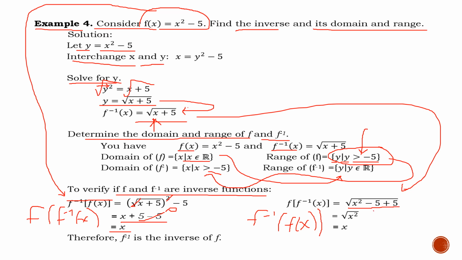So minus 5 plus 5 is equal to 0. Square root of x squared is equal to x. So this will be your inverse function of your function f of x. There's a typographical error here, so we need to check. After checking, right after applying the concept of your composite functions, we can conclude that f raised to negative 1 is the inverse function of the function f.